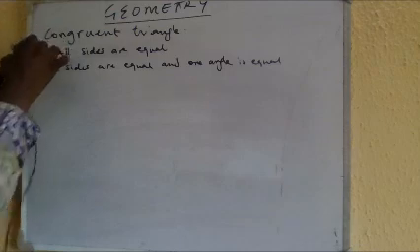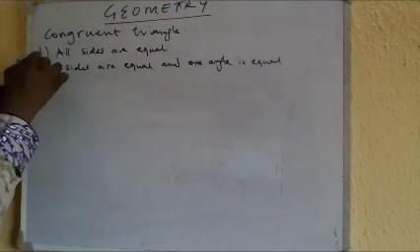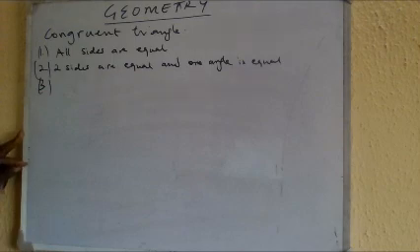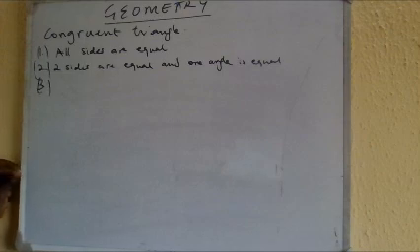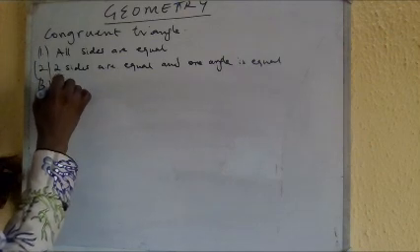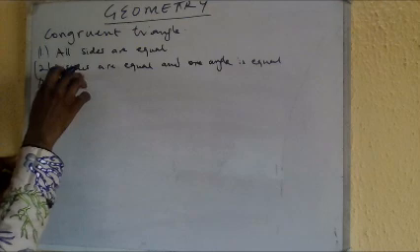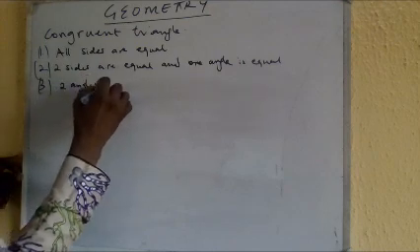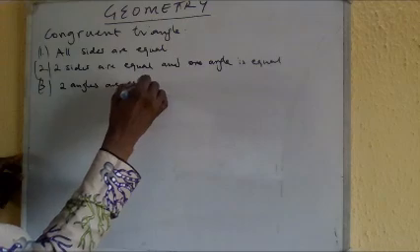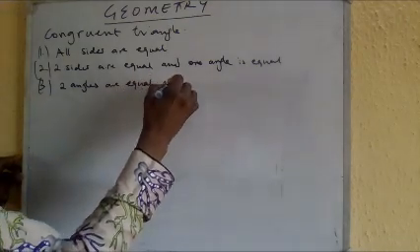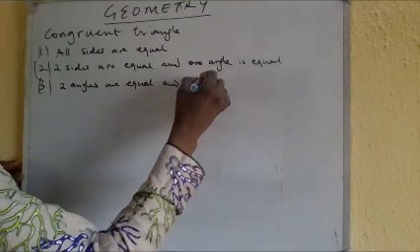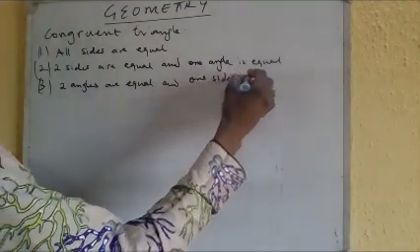There are four conditions for us to establish that two triangles are congruent. Number three: two angles and one side. Here it was two sides; now you have two angles equal, and at the same time one side equal for the two triangles.